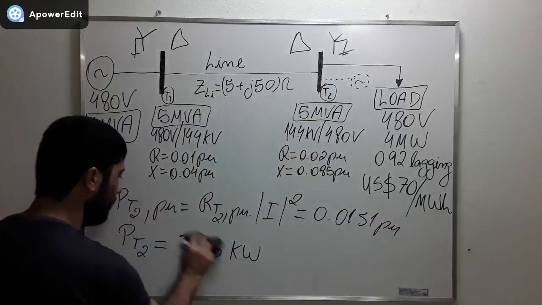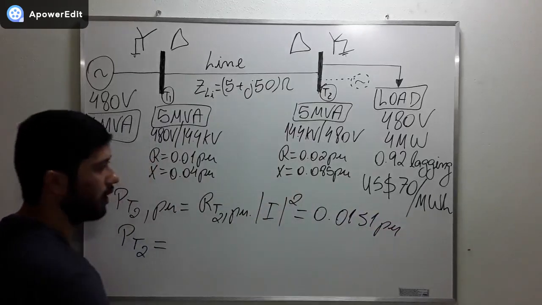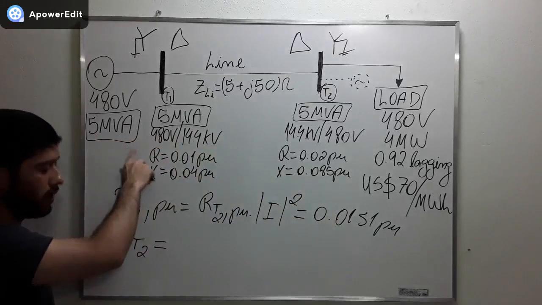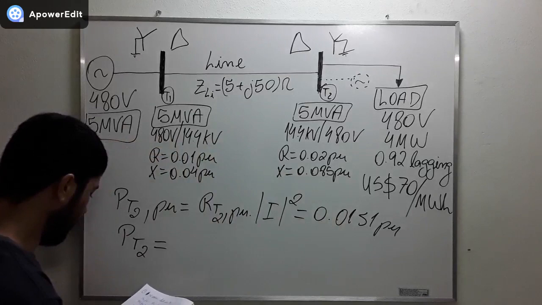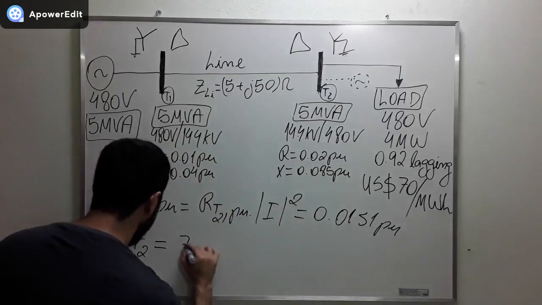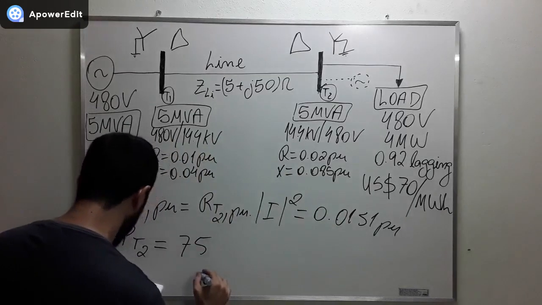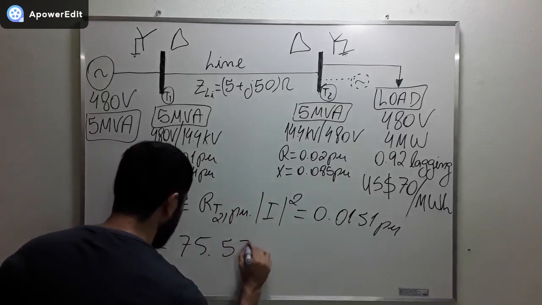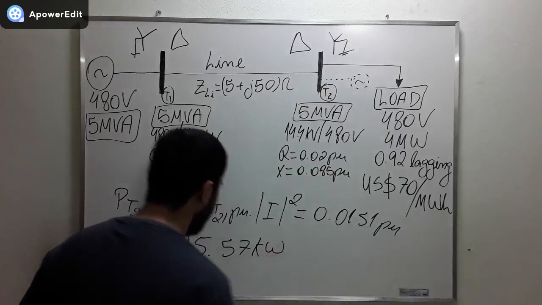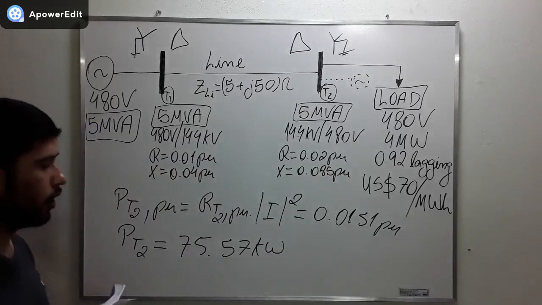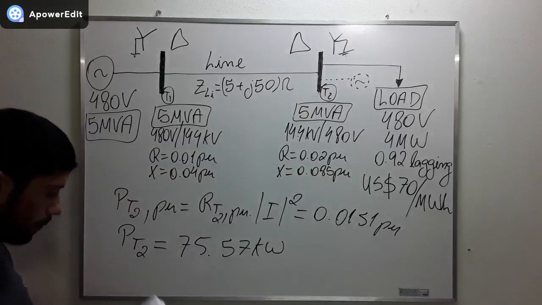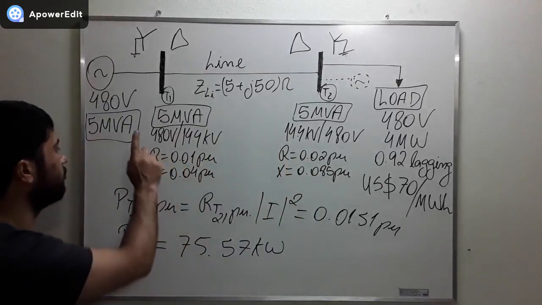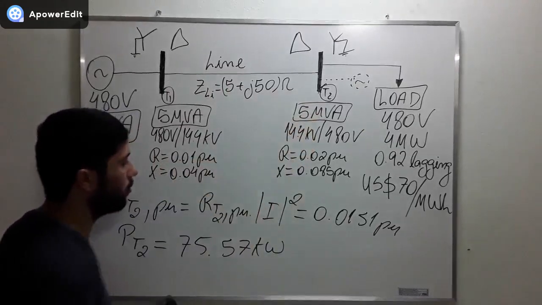And here we multiply this in per unit by this base value, and we find the real power lost in transformer number... No, transformer number 1, no. Transformer number 2 is this, 75.57 kilowatts.